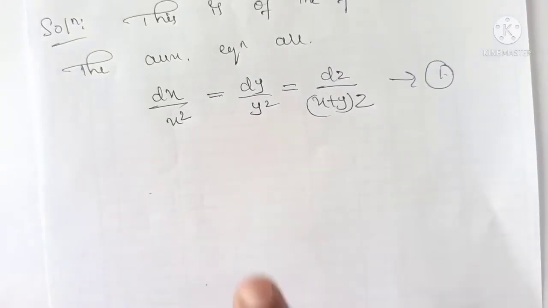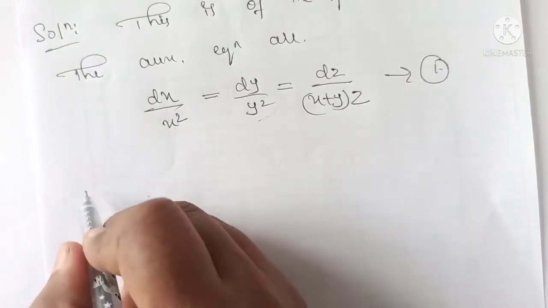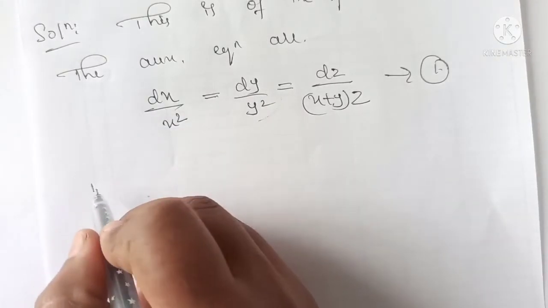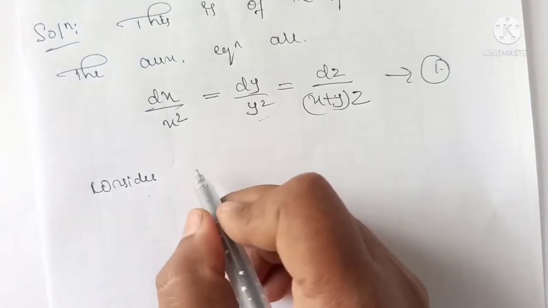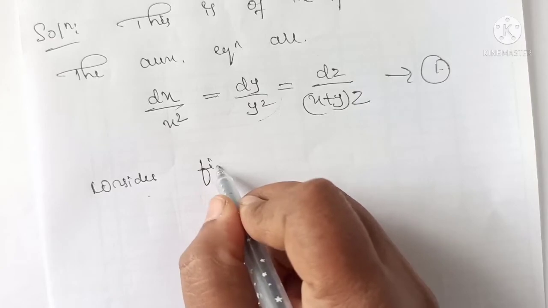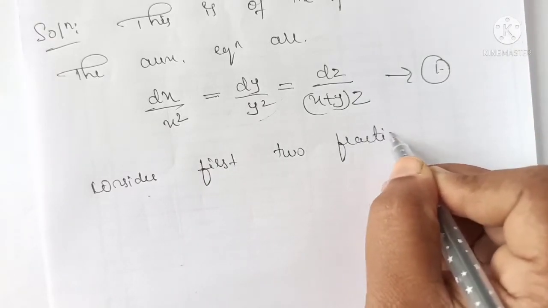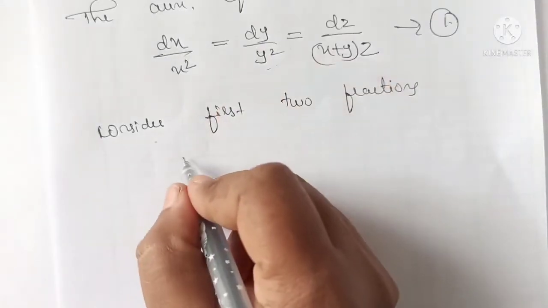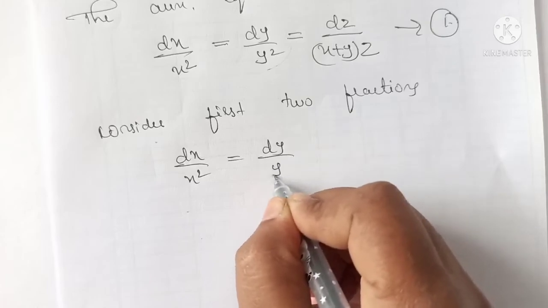Now the first set can be obtained by considering the first two fractions. We get dx divided by x square equals dy divided by y square.